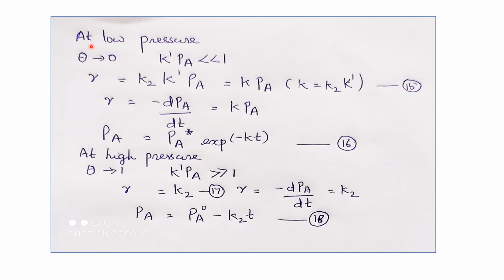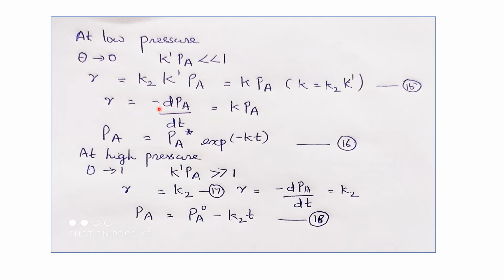At low pressure, when the reactant is slightly adsorbed on the surface, then theta tends to 0, K dash into PA is found to be very much lesser than 1, so that R equal to K2 K dash PA, that is equal to K into PA. That is, the reaction is first order with respect to A. Here K equal to K2 into K dash.